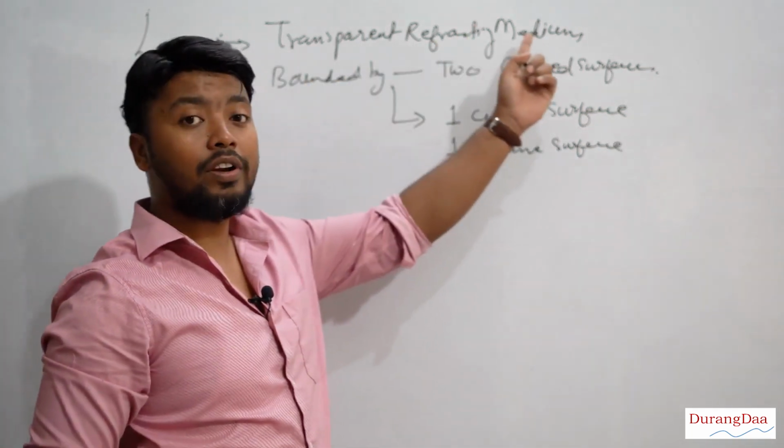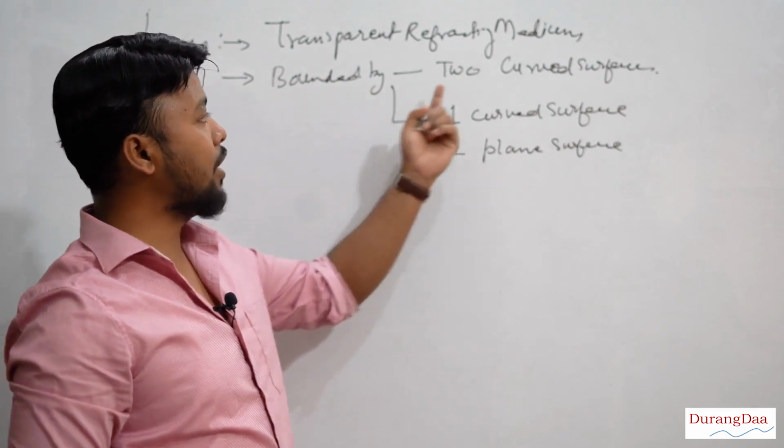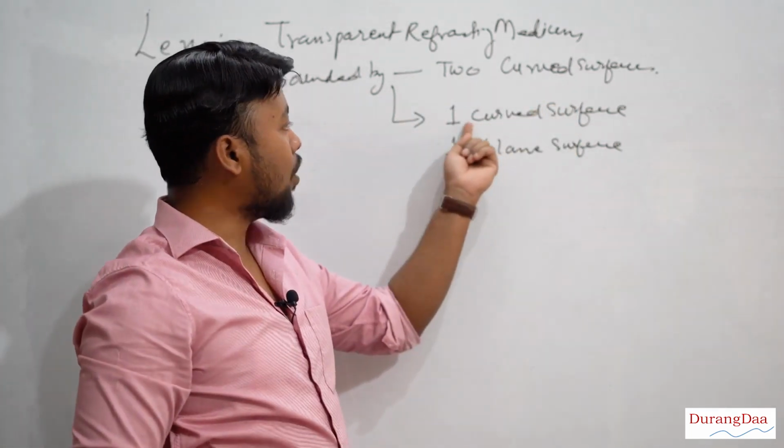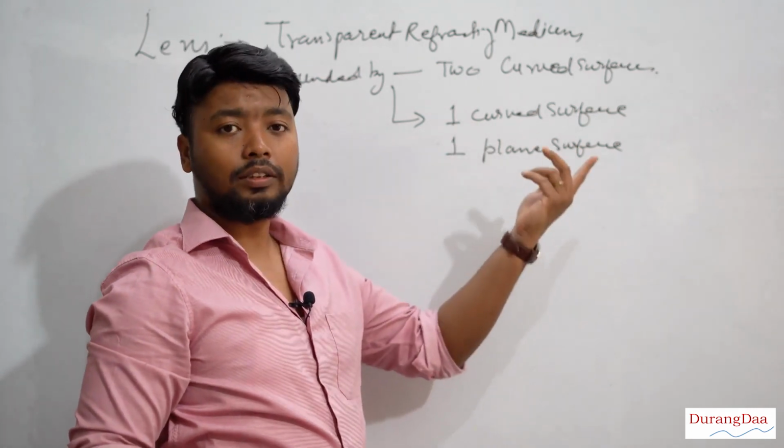A lens is a transparent refractive medium bounded by two curved surfaces, or one curved and one plane surface.